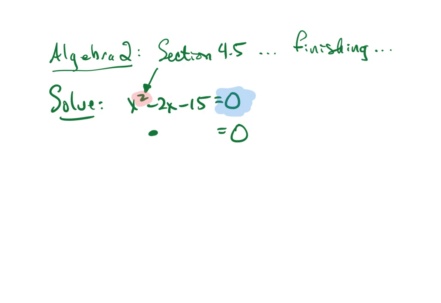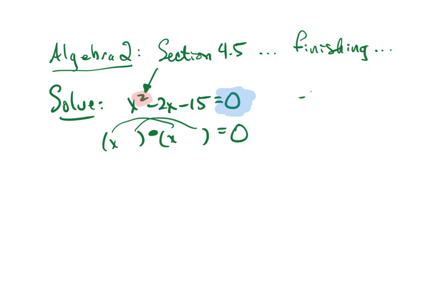As an example here, we have a trinomial, and trinomials usually want to factor into 2 binomials. So doing FOIL in reverse, we would ask ourselves what firsts could multiply together to get x squared, not much for choices there. Then what lasts could multiply together to get negative 15, but at the same time would have to add up to negative 2.